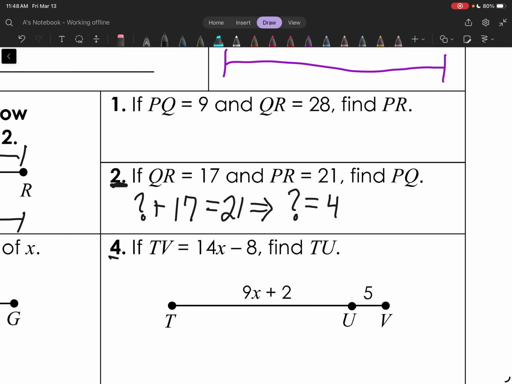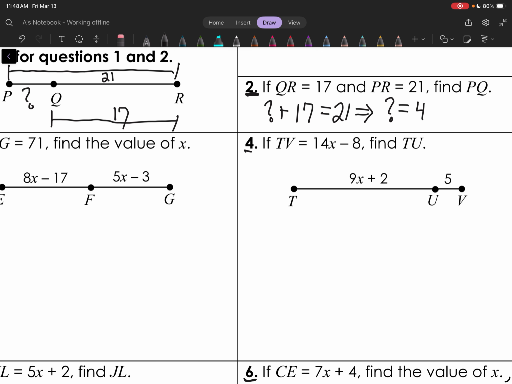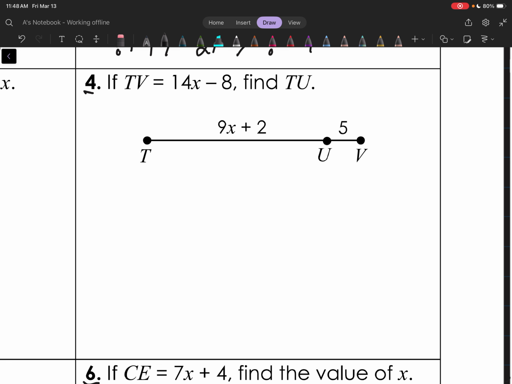Alright, pause the video and try number 1. Let's look at number 4. If TV is equal to 14x minus 8, find the length of TU.